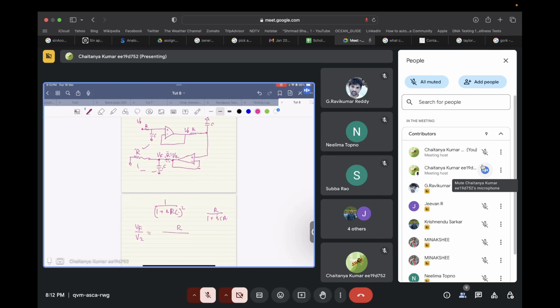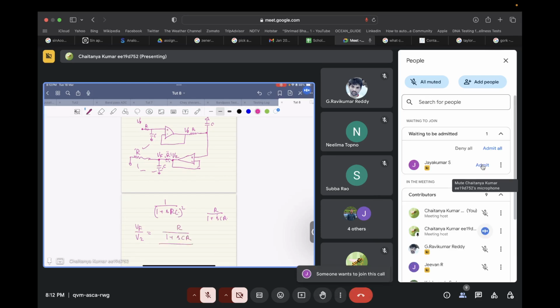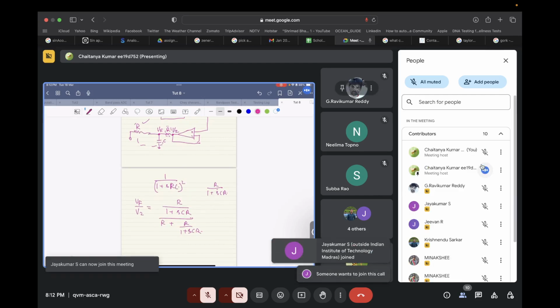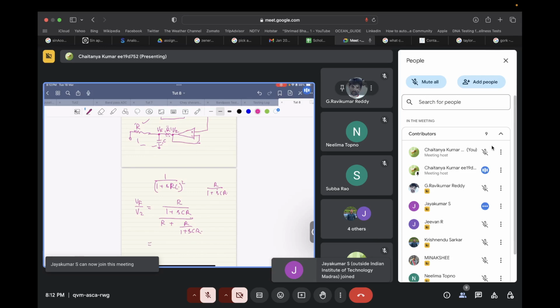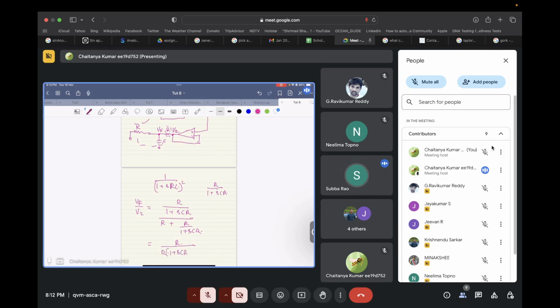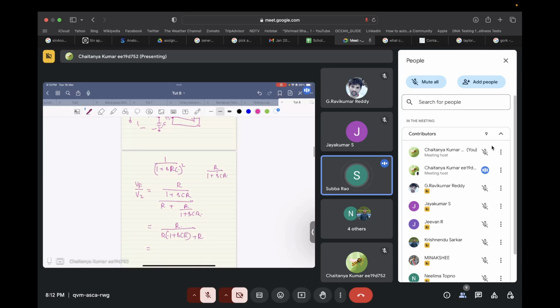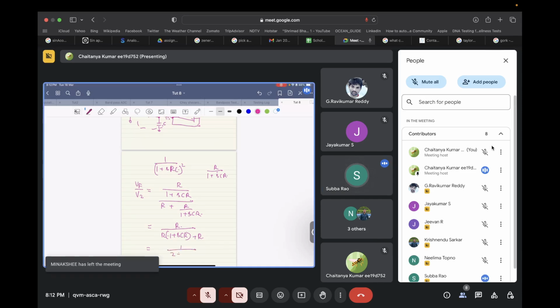So we will have R upon 1 plus SCR divided by R plus R upon 1 plus SCR, correct? So what we have over here is, SCR will be cancelled, and we will have R times 1 plus SCR plus R, right? So we will have 1 upon 2 plus SCR.